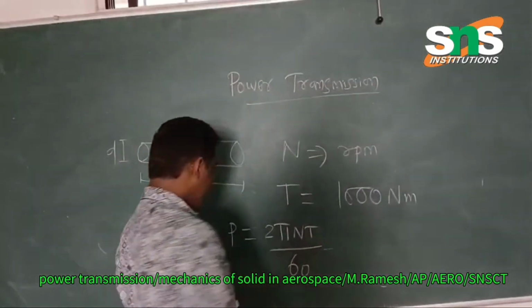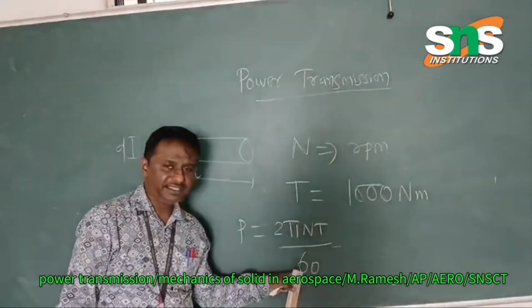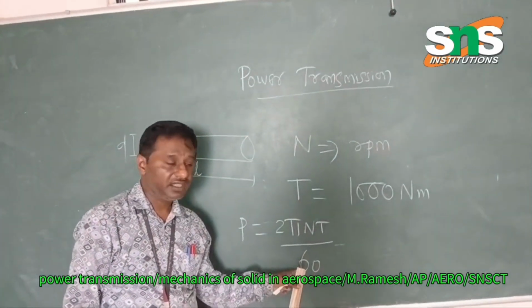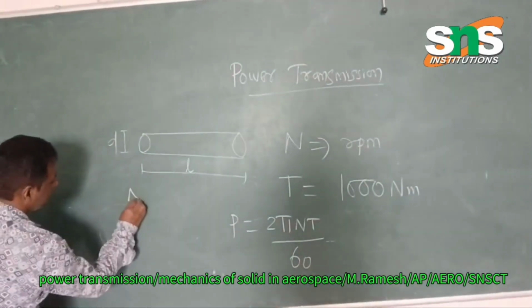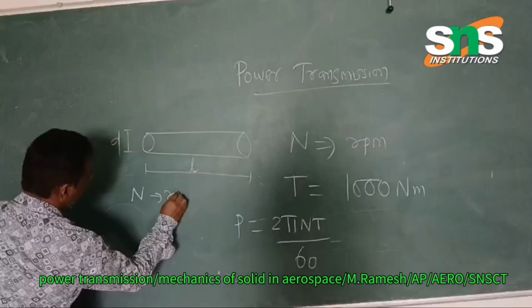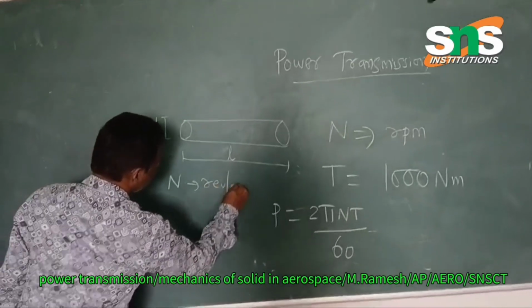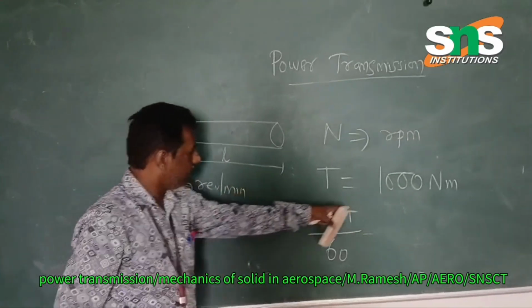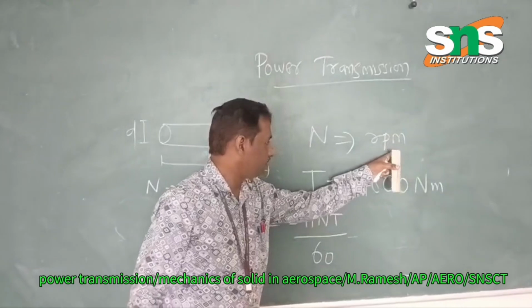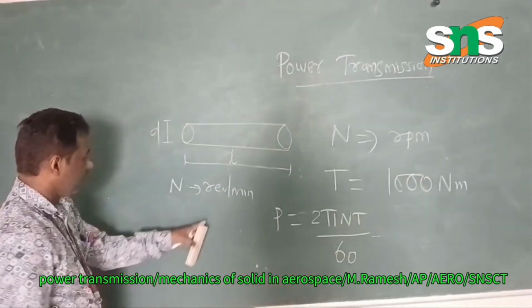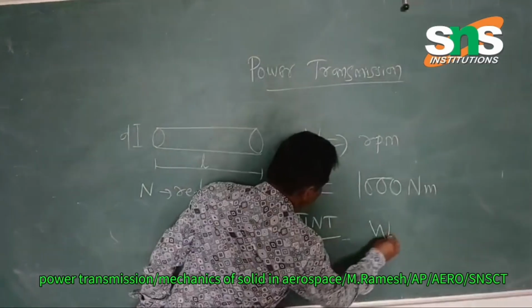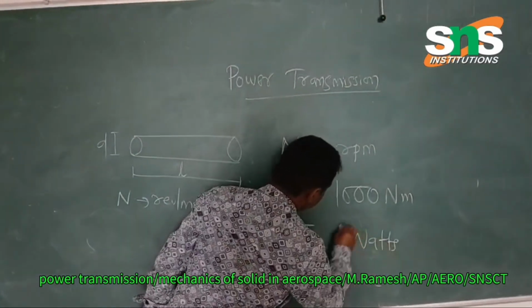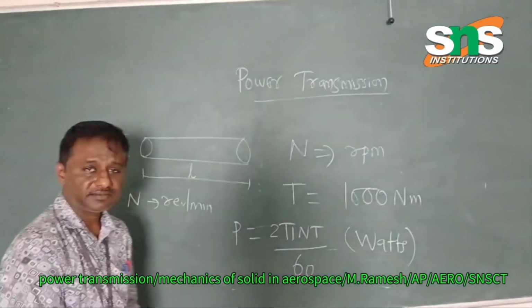One question is why this 60 is coming here. It is because the shaft speed is in terms of revolutions per minute, but power is generally taken in units of watts.